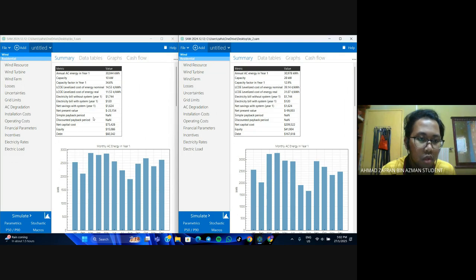And here we can see the capacity factor also decreases, which means the usage is so little compared with the other one. So we can see the first model is the better model to use than model 2.